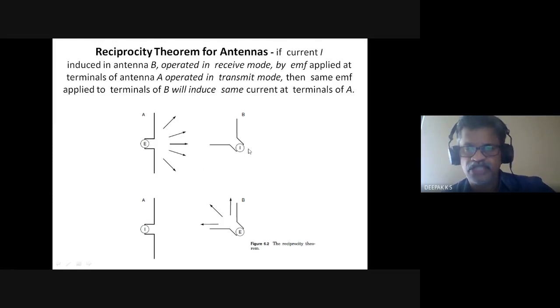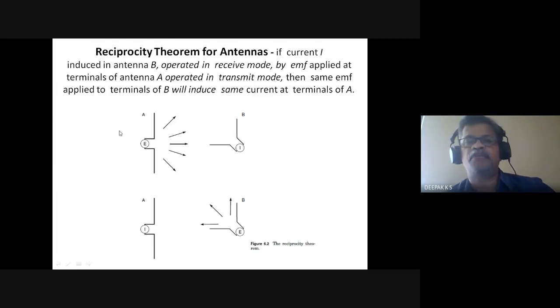It will produce electromagnetic radiation, and some signal is received in antenna B. So some current I is induced in antenna B, which is operated in receive mode, by the EMF applied at the terminals of antenna A operated in transmit mode. Then the same EMF applied to the terminals of B will induce the same current at the terminals of A when A is used in receive mode and B is used in transmit mode.